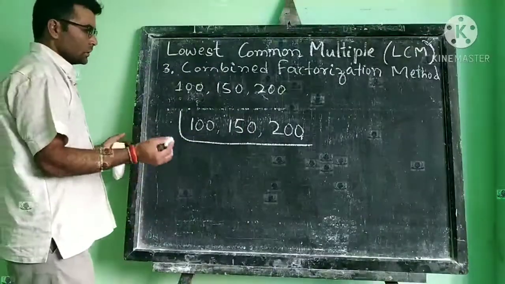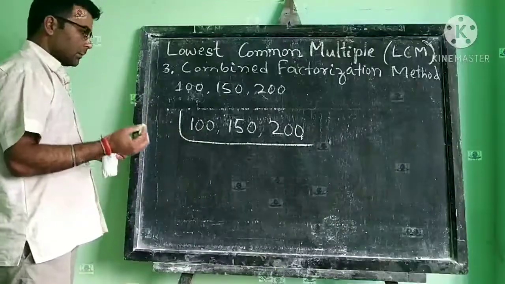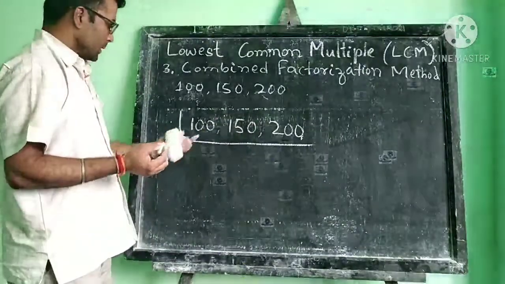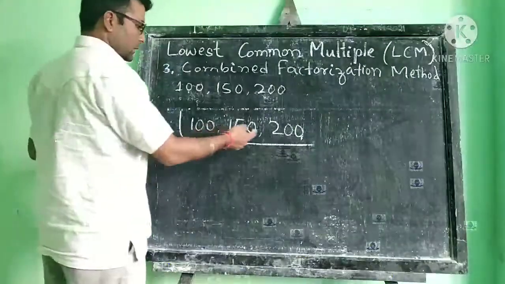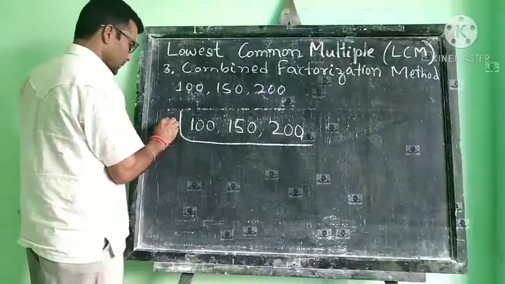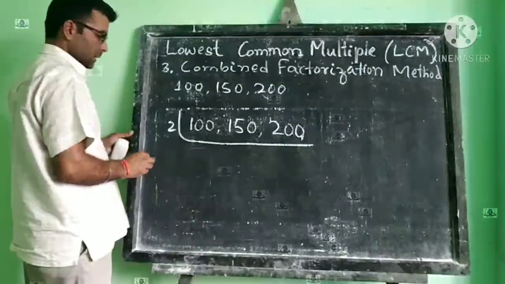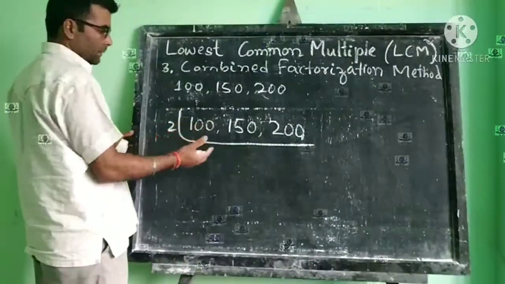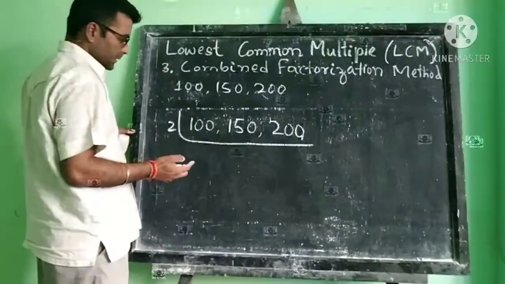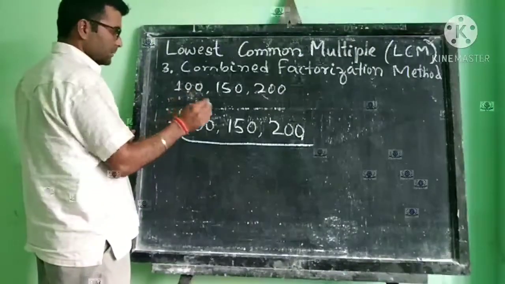You choose one number that can divide at least two of these numbers. These all three numbers are even numbers, so first the even prime number, the smallest prime number, that is 2. This is also a prime factorization method, but not like the earlier independent factorization method; this is a little different from that.